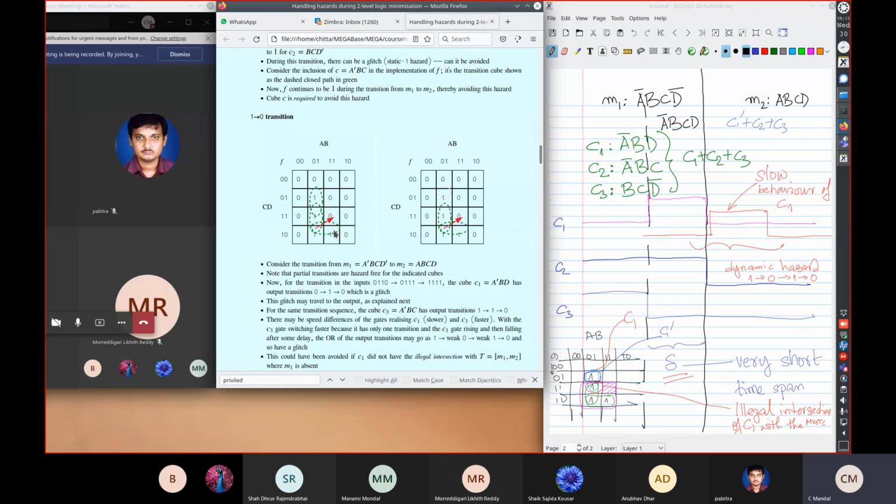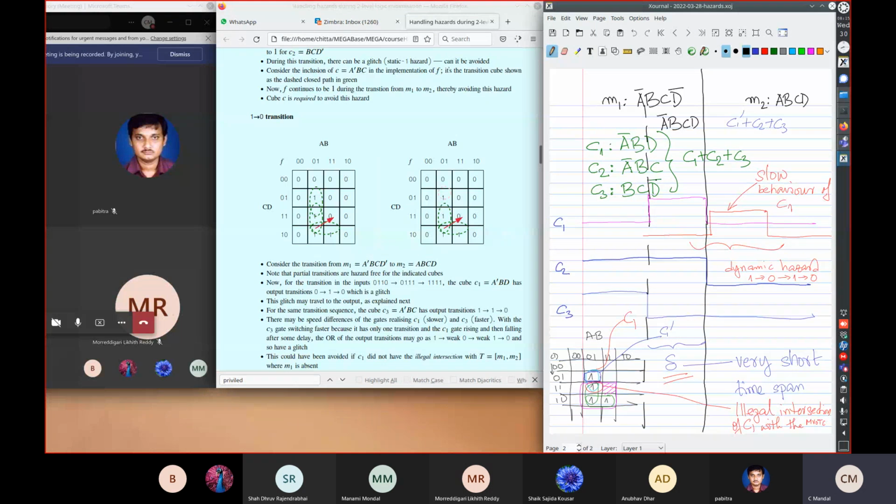In this particular implementation, you have three cubes: C1, C2, and C3, as shown over here, and this is the function which is implemented.